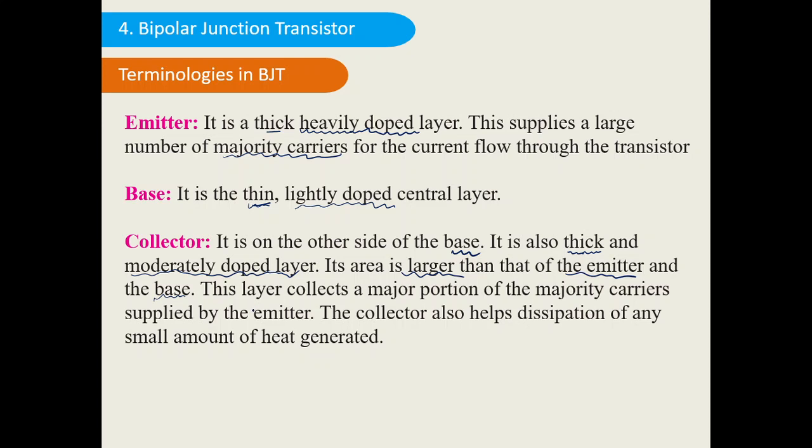So this layer collects the major portion of the majority carriers supplied by the emitter. So that is the purpose of the collector.